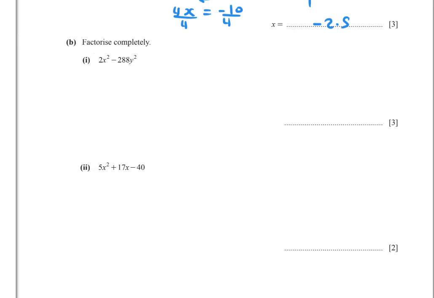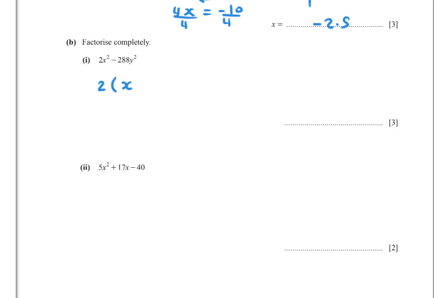B, factorize completely. 2x squared minus 288y squared. The first step to factorize is the common factor. Extract the common factor if you have. For 2x squared and 288y squared, the common factor is 2. So take 2 as a common factor.